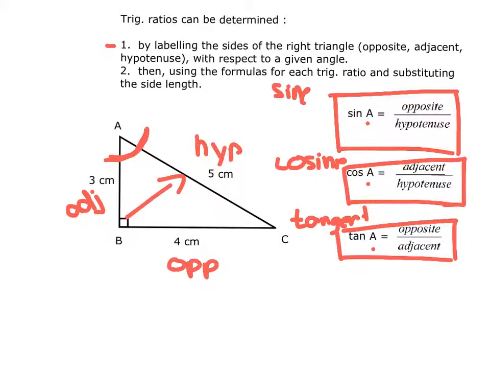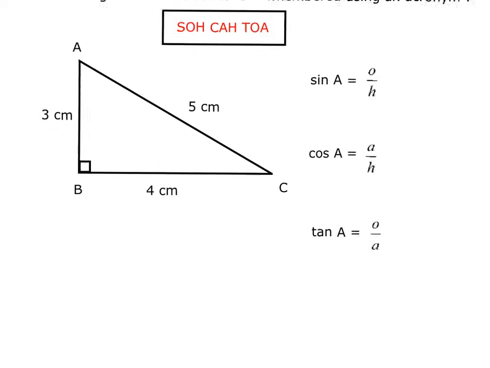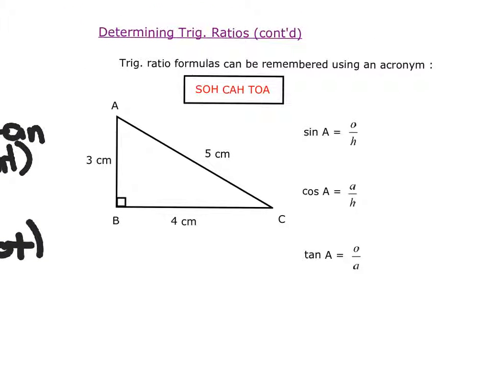On to the next slide, you'll see the short form for the trig ratios. SOH, CAH, TOA.